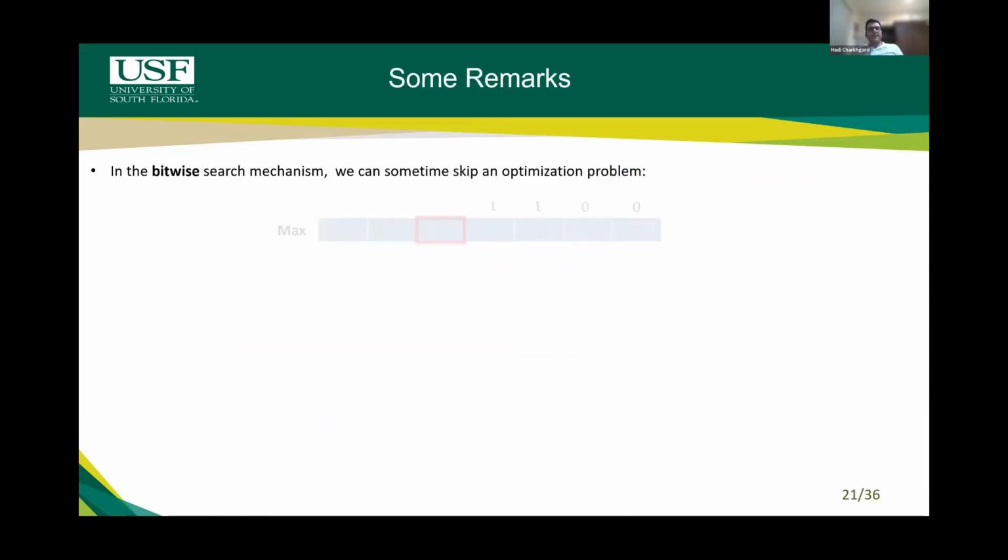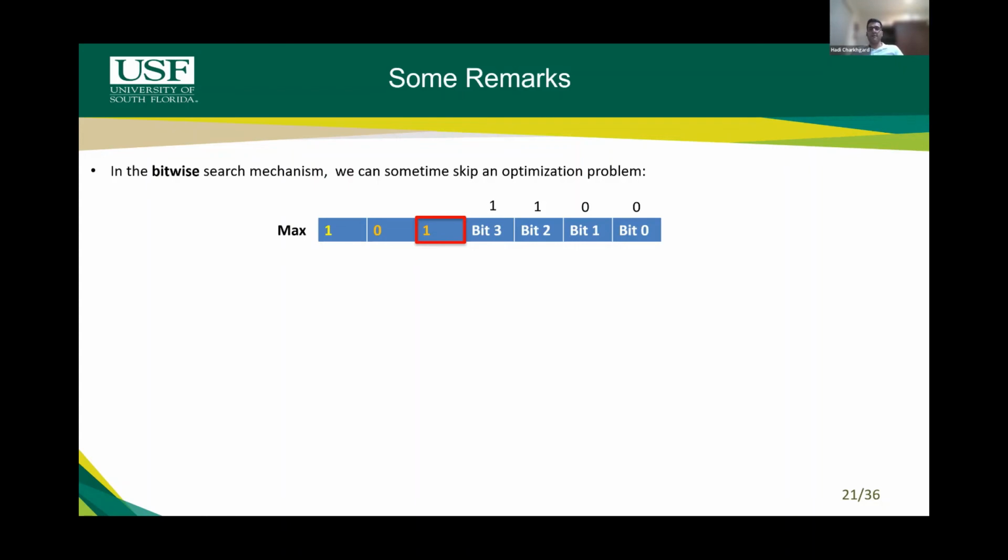In the bitwise search mechanism, you can sometimes skip an optimization problem if you like. This is interesting. For example, if you are here and you have calculated the value of bit number 4, and you now want to explore bit number 3, you actually don't need to, because in the memory you have a solution, and that solution already shows that the ideal value of bit number 3 is satisfied.